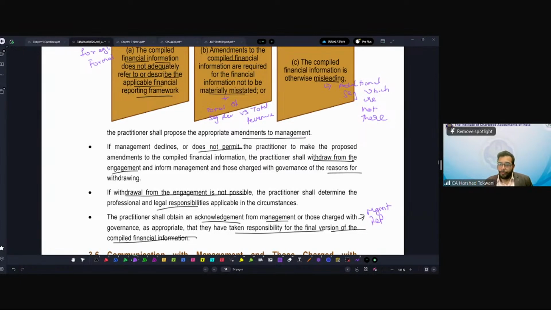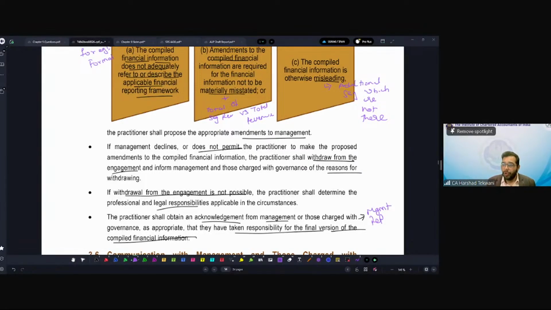Now, a very, very important part, that is the report. See, here our responsibility is to assist management. That's why our report should not be a kind of report where we are issuing an opinion or conclusion on financial information in any way. That's why when we are drafting our report, we have to be careful.